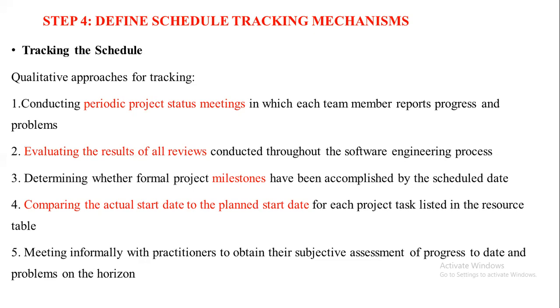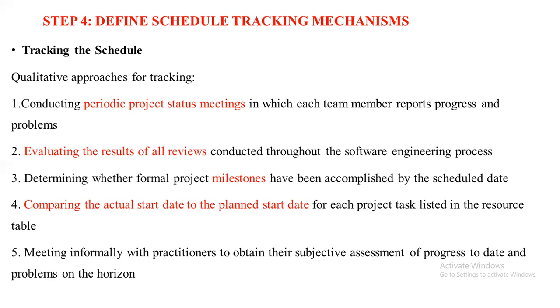Then the other way is to compare the actual start date and the planned start date to know whether we are going according to the schedule. I may plan that I have to start the work today, but for some reason I have not started. If I start the work tomorrow, then there is a deviation in my schedule. So you have to compare the planned date and the actual start date to know whether there is a lag.